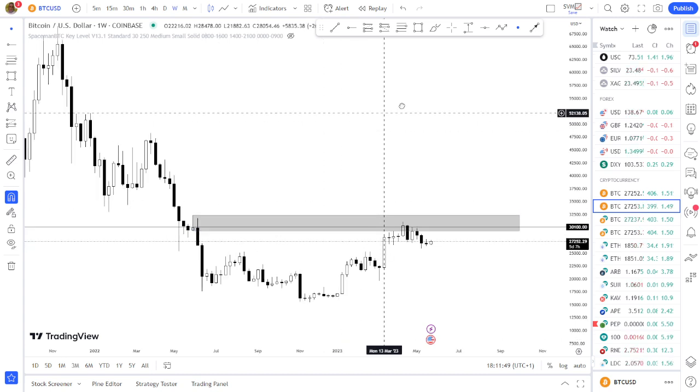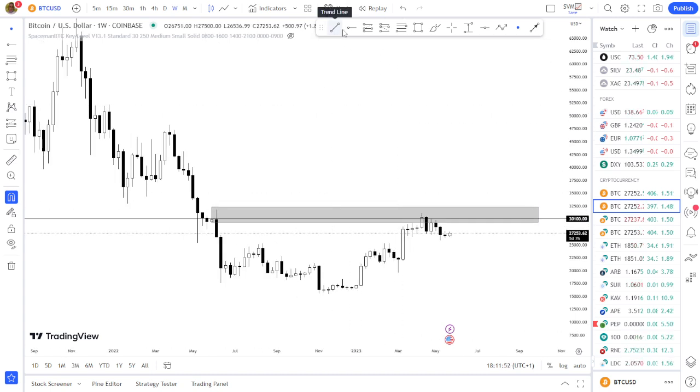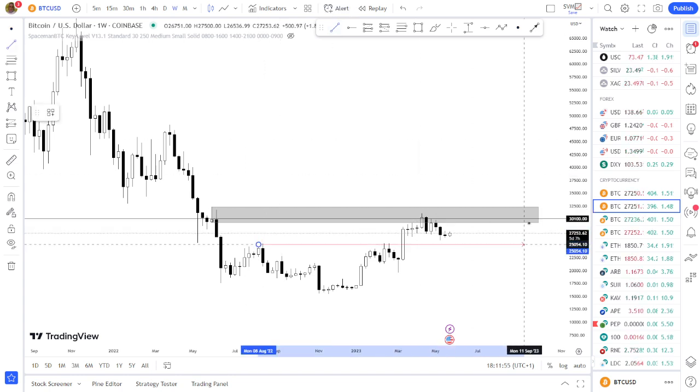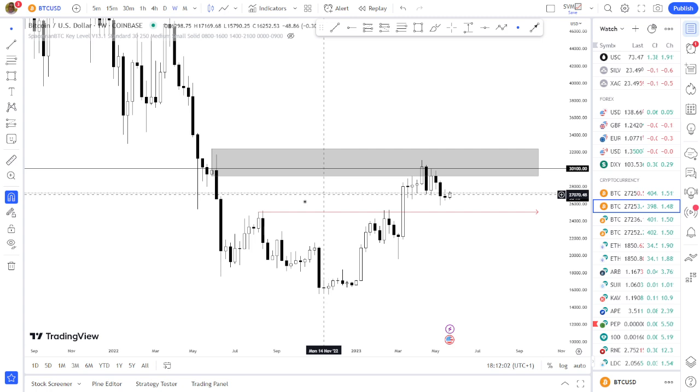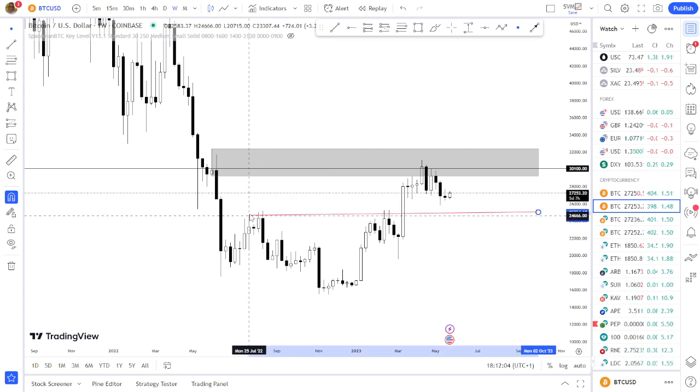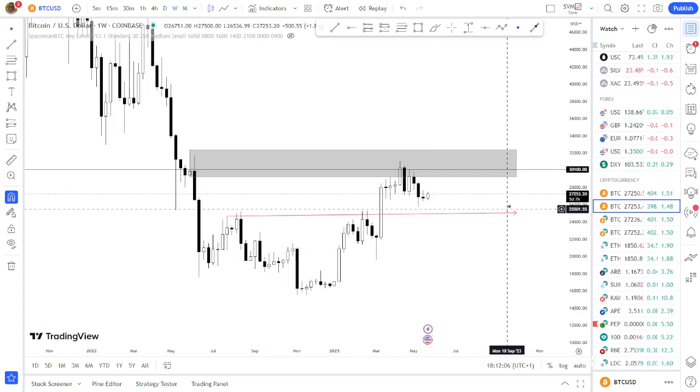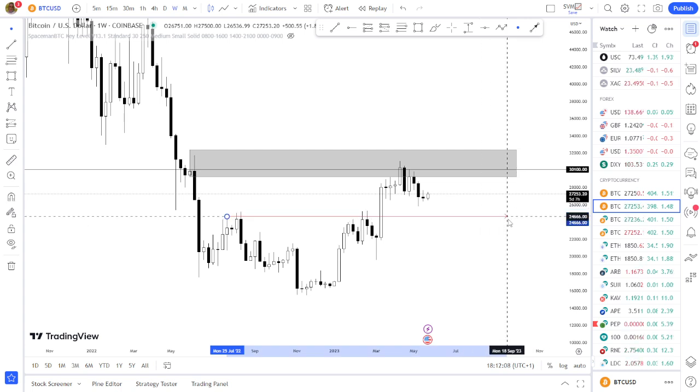So if we should have a pullback, that is a down move, as fuel, price should trade towards, let me use this one instead. I feel price will trade towards this 25k area, anywhere around here. Why?